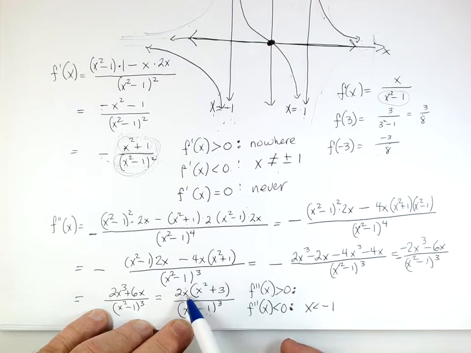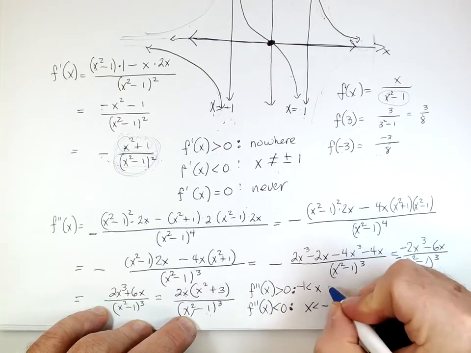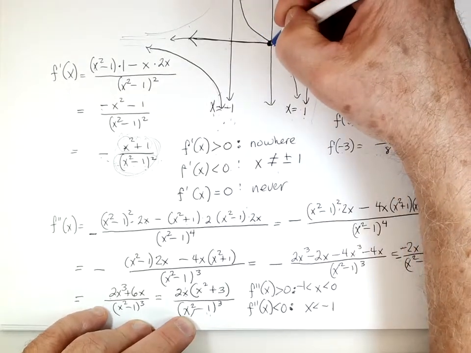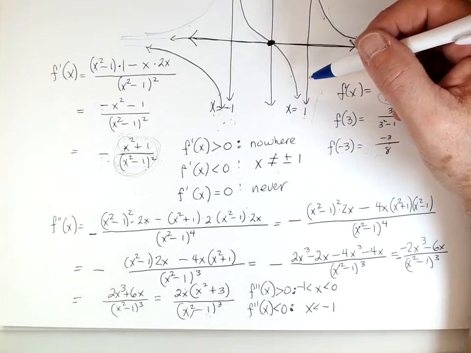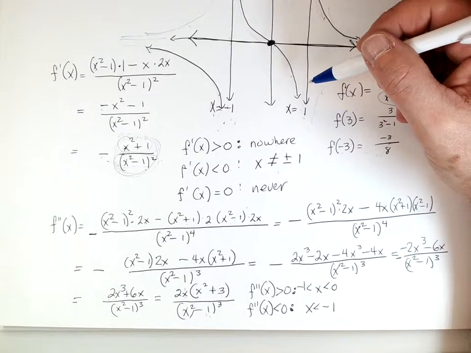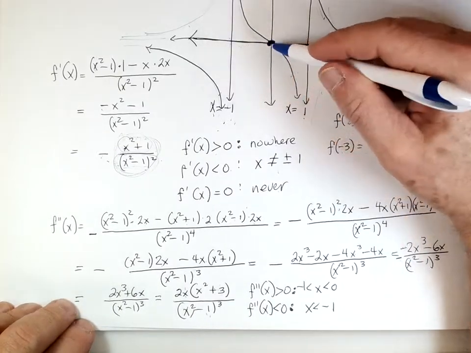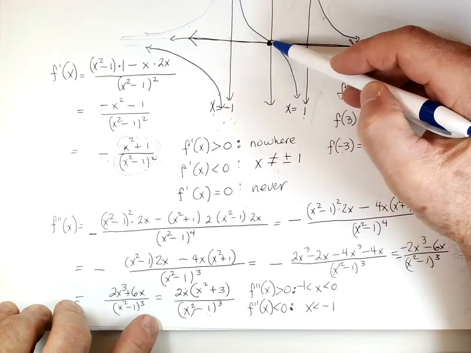So negative, positive, negative gives a positive. So for these values, it's positive, and check it out, concave up. Anything between 0 and -1, this quantity is going to be positive, and we have a graph that's concave up, which is what we have.